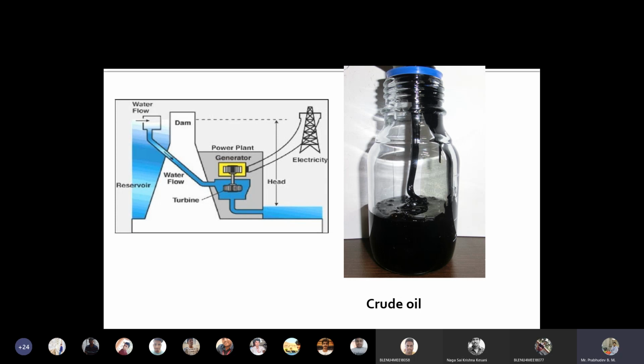From now onwards, if we use it at the same rate, within 100 years, the next generation will also not be able to utilize it properly. So within 100 years, it is seen that the reservoirs are getting depleted. So this is the situation with respect to oil.